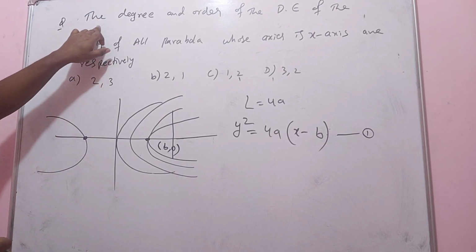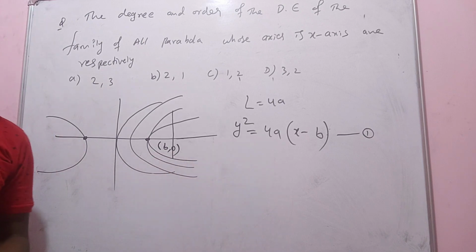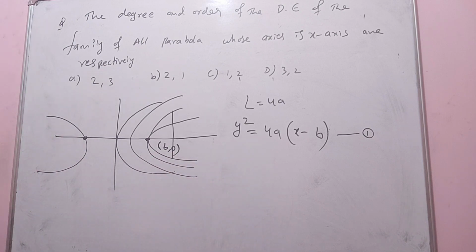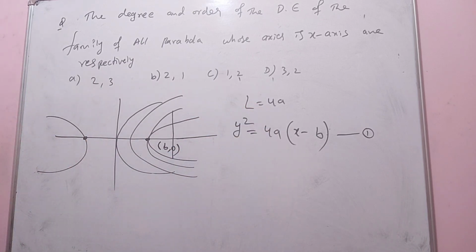This is what is asked here, the equation of the family of all parabolas whose axis is the x-axis. It may be here, it may be somewhere else. Generally we take b comma 0 as the vertex.